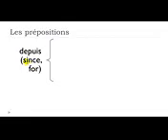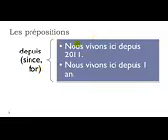Depuis means since or for. Okay, examples. Nous vivons ici depuis 2011. Okay, nous vivons, vivre is to live. Nous vivons, we live. Ici, here. Depuis, since. And then you put 2011, you just put the year. Okay?